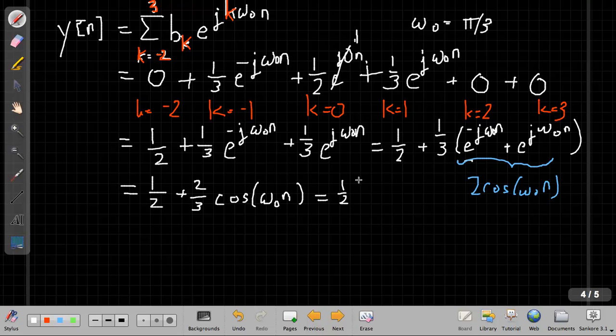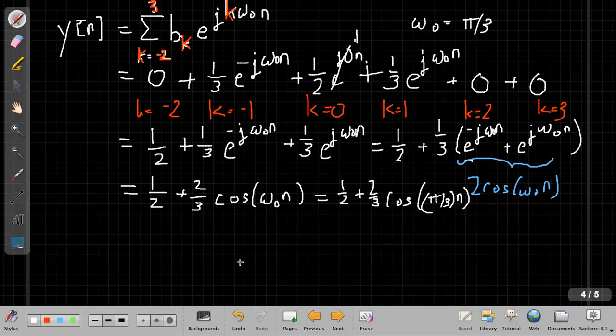So let's put omega naught in here, taking this value from up here. I have 1/2 plus 2/3 cosine of pi over 3 times n.